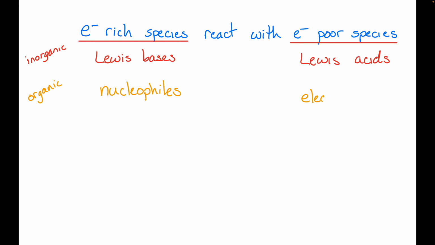And an electrophile is the exact opposite. It really wants electrons because itself is electron-poor. This is how we understand why these complexes form, and it's something we'll see over and over again in chemistry. Electron-rich species react with things that are electron-poor.